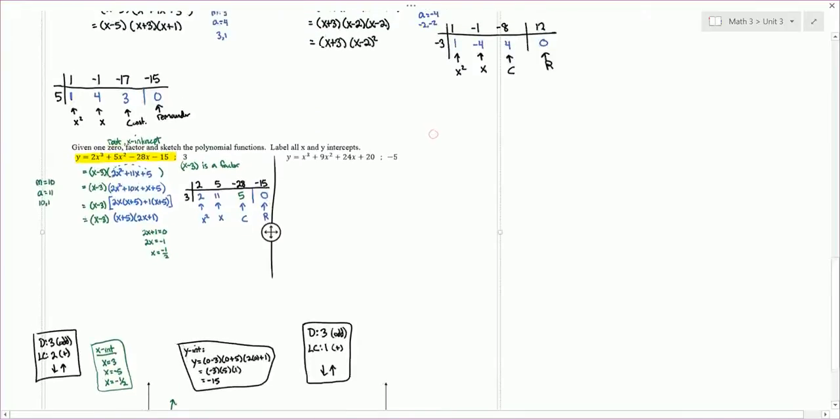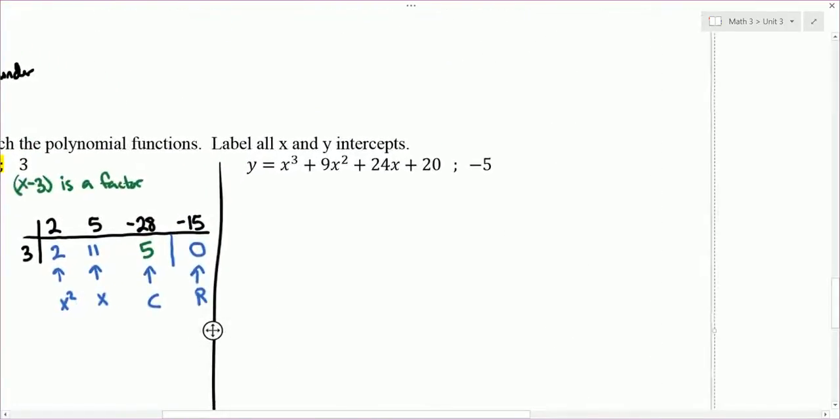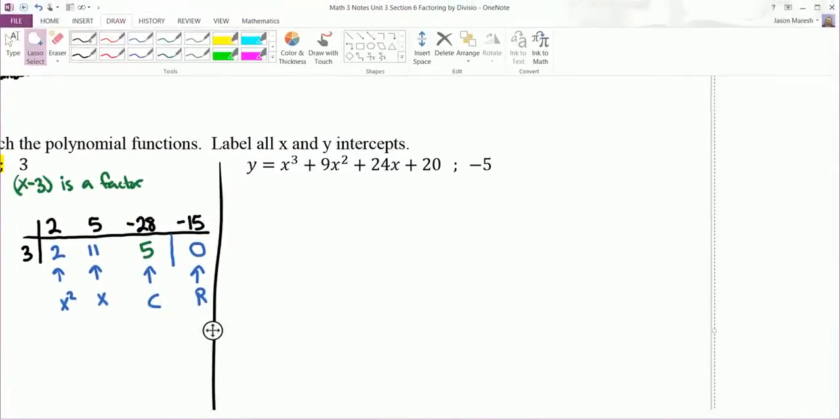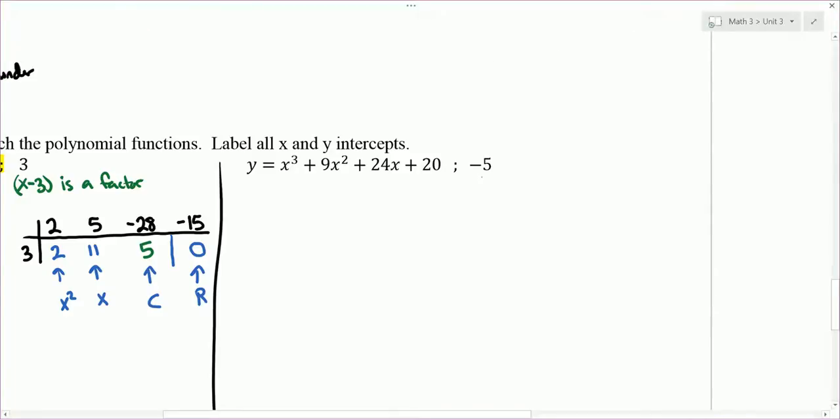Okay. Next, I want to factor this thing in order to get my x-intercepts, right? And so they tell us one of the x-intercepts is negative 5, which means a factor is x plus 5. And so we know this is equal to x plus 5 times something.